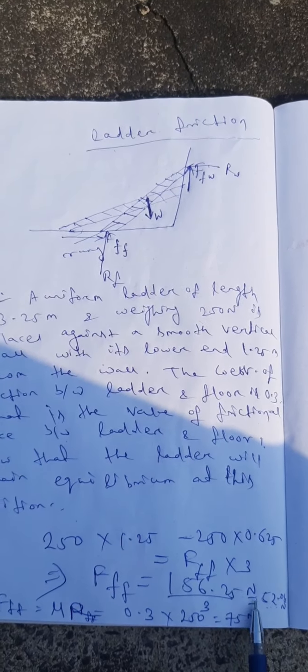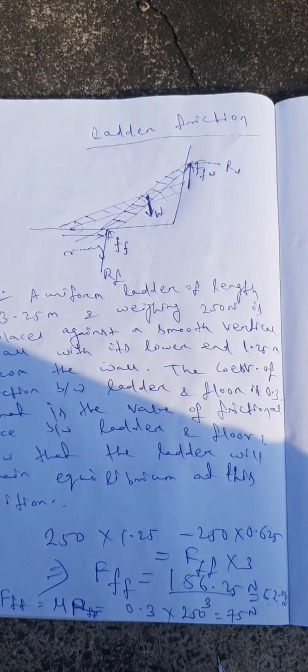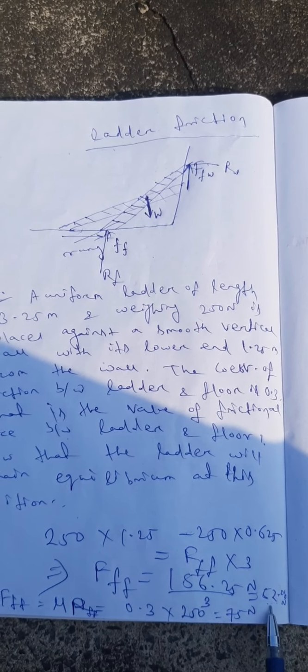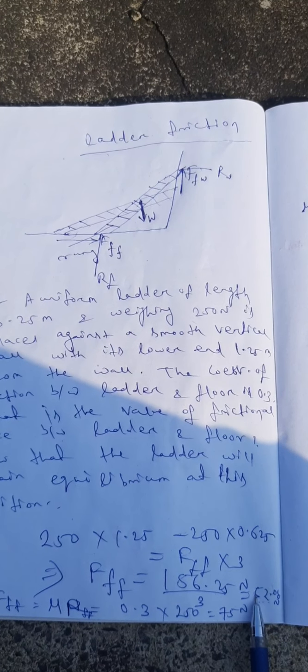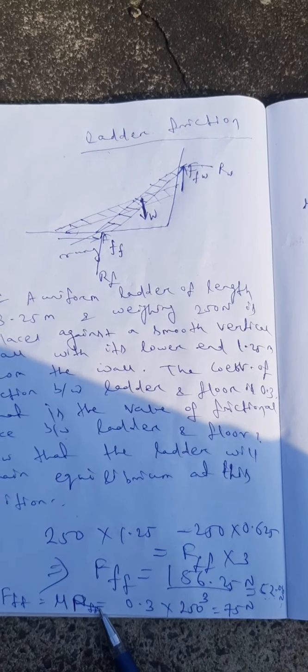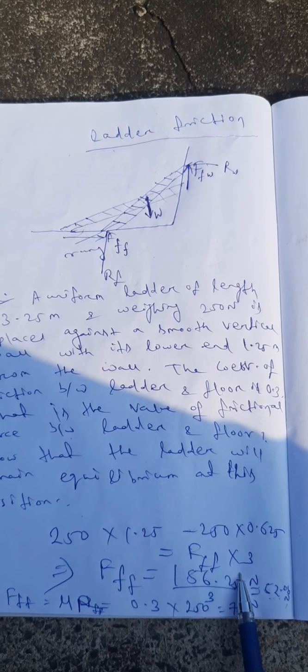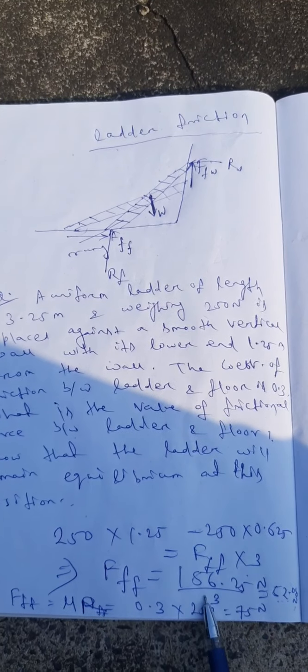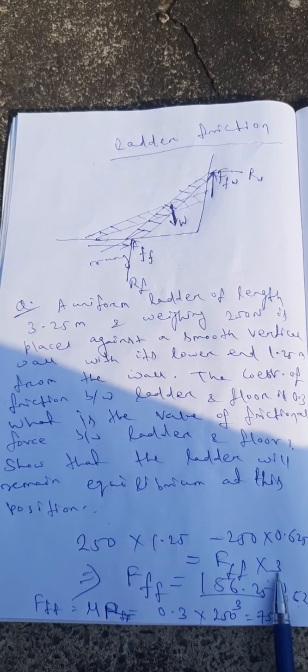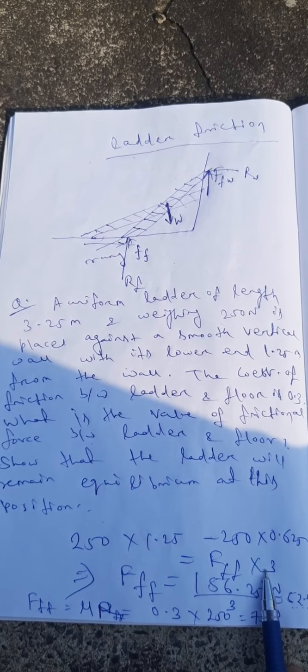So the actual frictional force which is acting at the floor is 75 Newton, and the force required to keep the ladder in equilibrium is 52.08 Newton. As this value is greater than the frictional force required to keep the body in equilibrium, this ladder is in equilibrium position. So now you are clear.